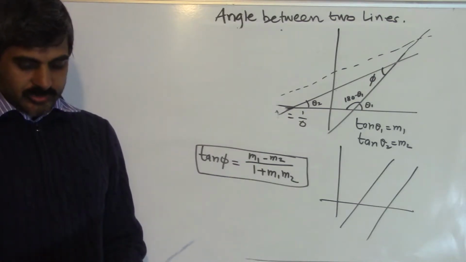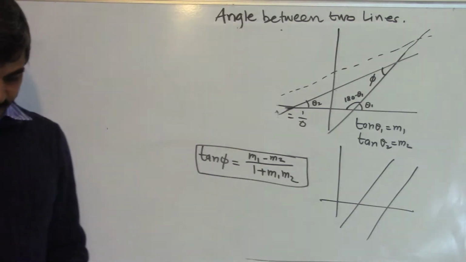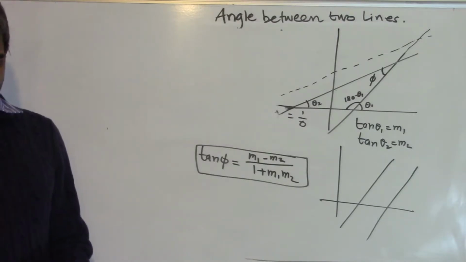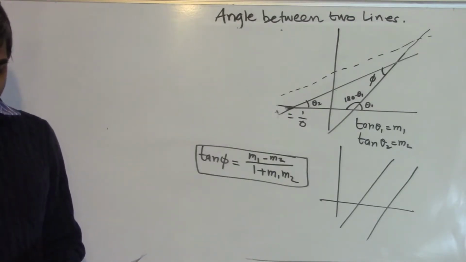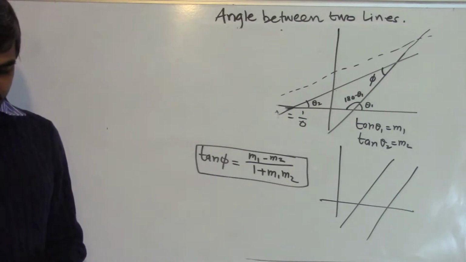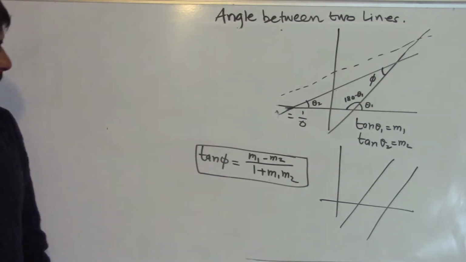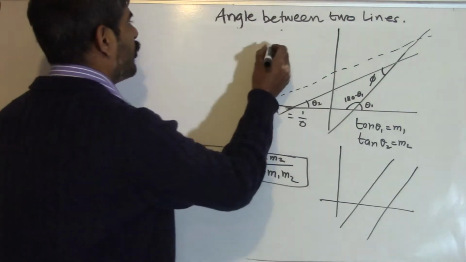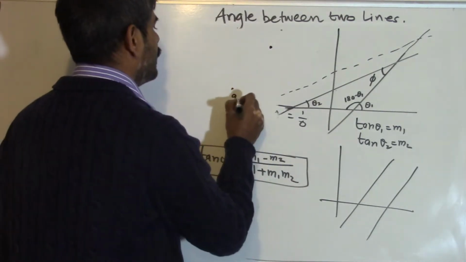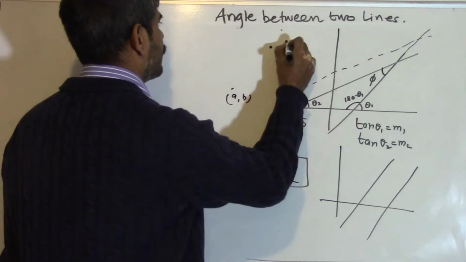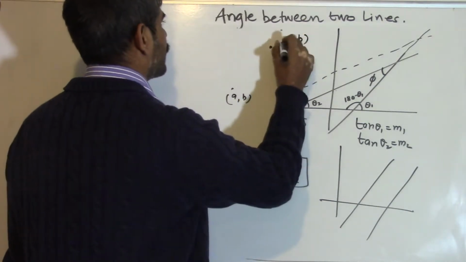Find the equation of the straight line which bisects and is perpendicular to the straight line joining points A, B and A dash, B dash. So you are given 2 points, (A, B) and (A dash, B dash).